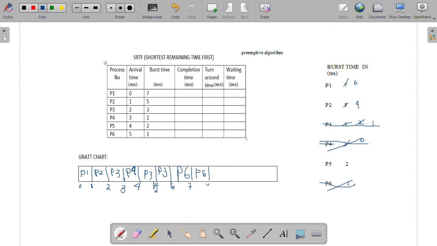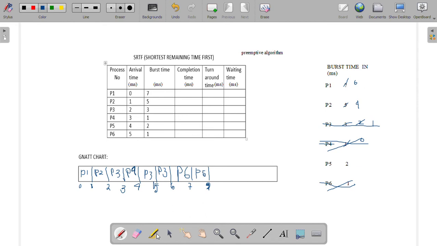We are not taking a 1 millisecond interval here because after 5 millisecond all the processes have come. So from 5 millisecond onwards we are not taking a 1 millisecond interval, we are directly adding the burst time with the finishing time. So that's why 7 plus 2, 9 milliseconds.